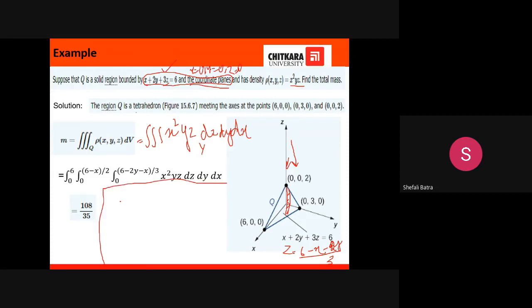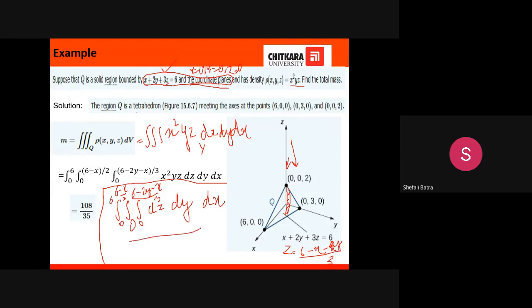You will write triple integration dz dy dx. This is the formula of volume. The limit of z you have calculated, so you simply write 0 to 6 minus 2y minus x upon 3, then y from 0 to 6 minus x upon 2, and for x 0 to 6, and you will solve it.